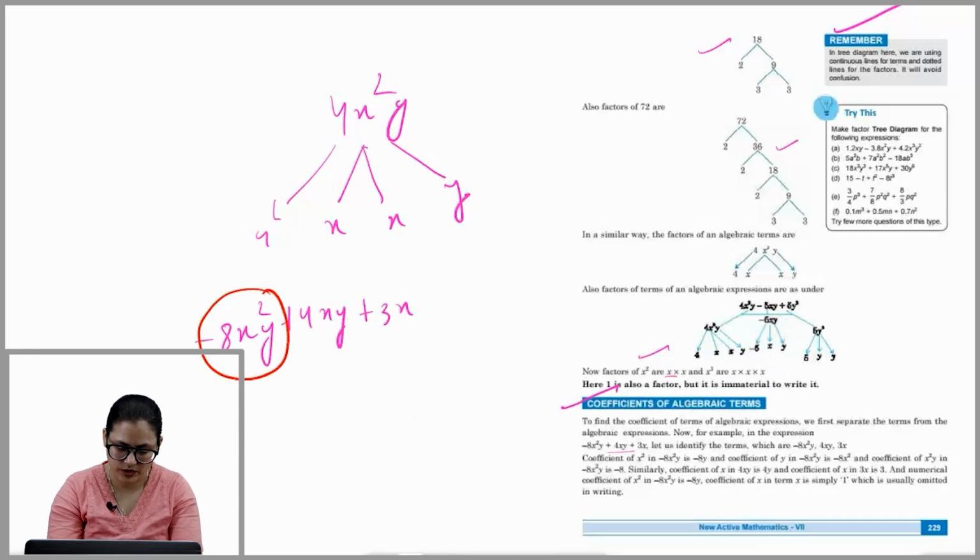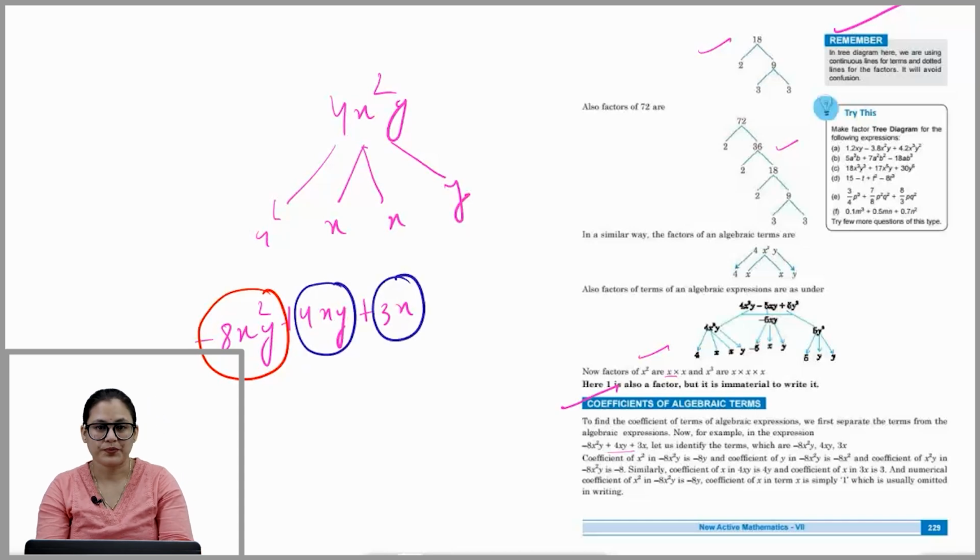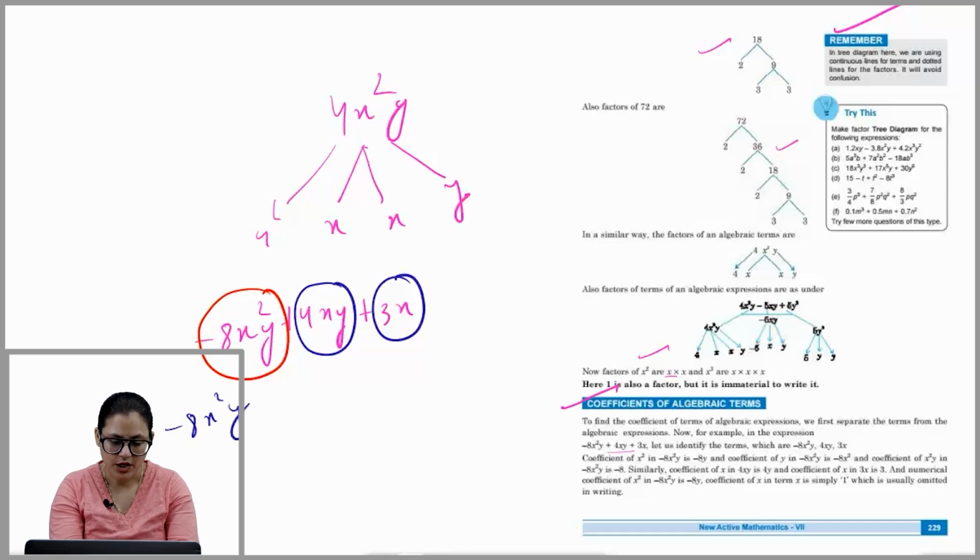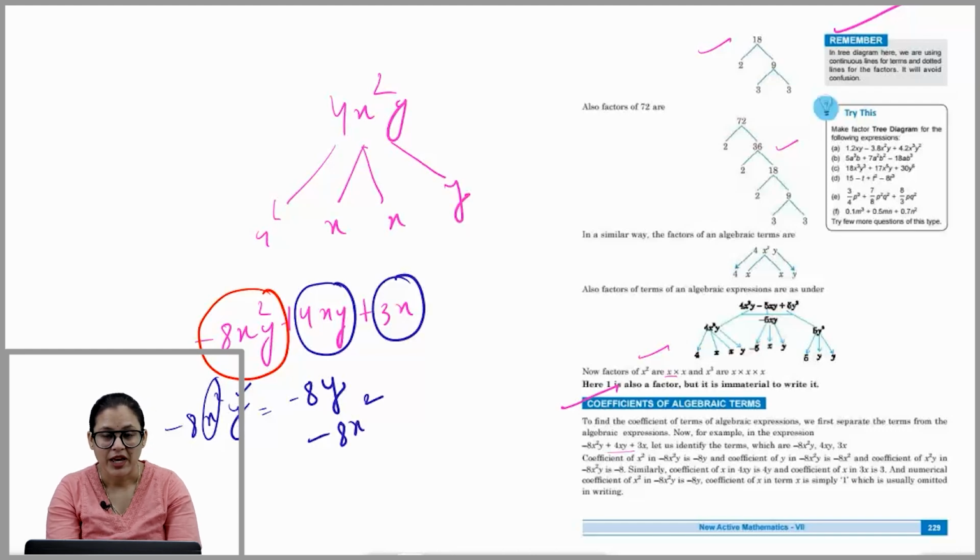One term, two term, and this is the third term. Okay. And the coefficient of x square is minus 8y, and the coefficient of y in this expression is minus 8x square, and the coefficient of x square y is what? Minus 8. Okay.